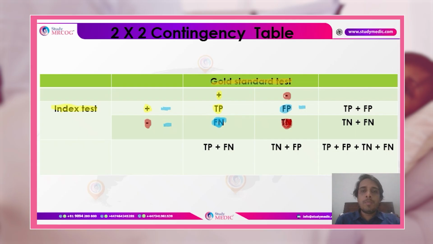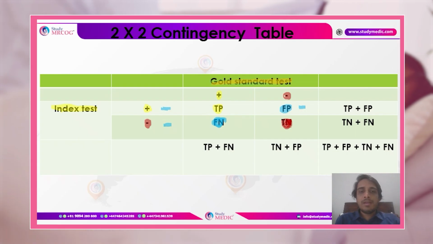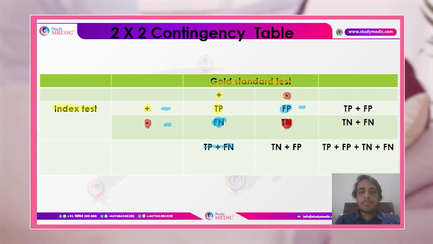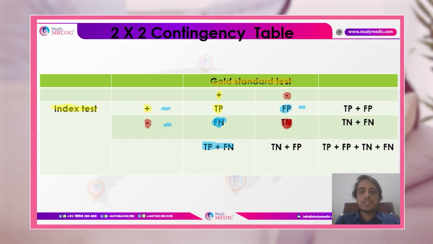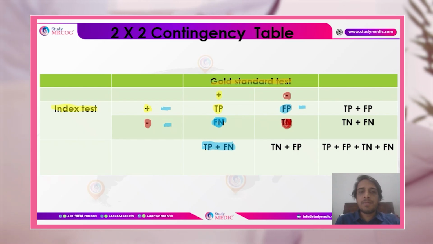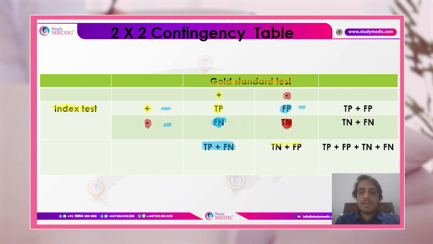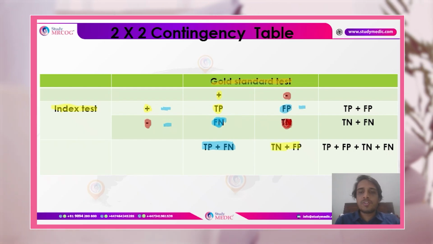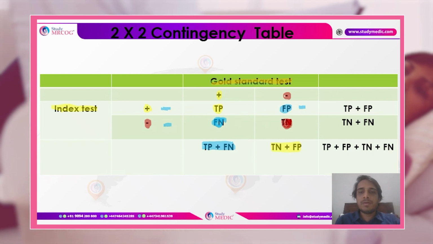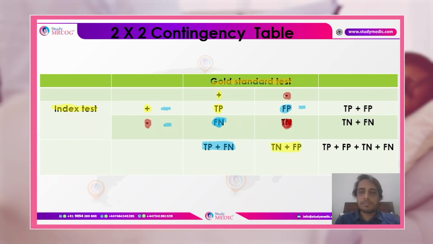This is the 2 by 2 contingency table. In this column we represent true positive plus false negative, the total number of people who have the condition, and in this column we represent true negative plus false positive, the total number of people who do not have the condition.